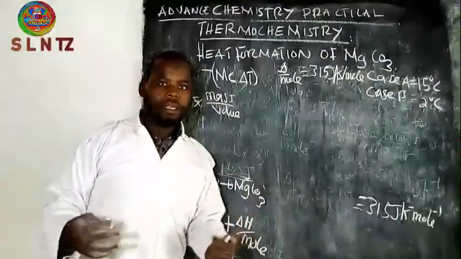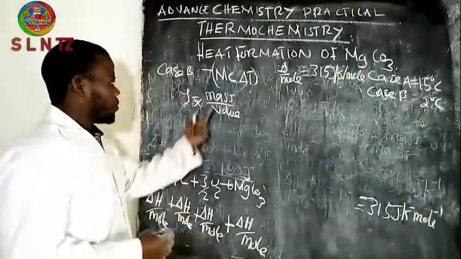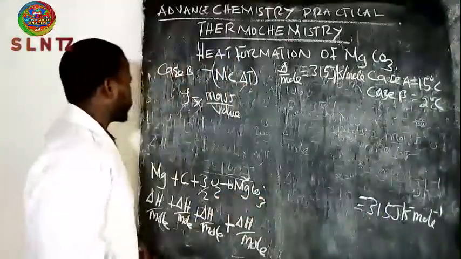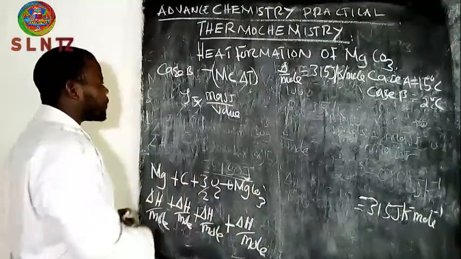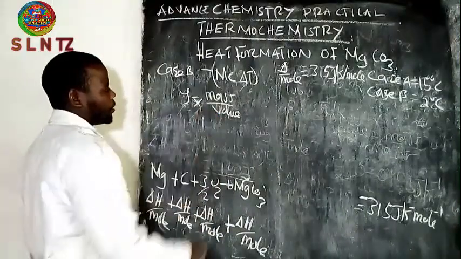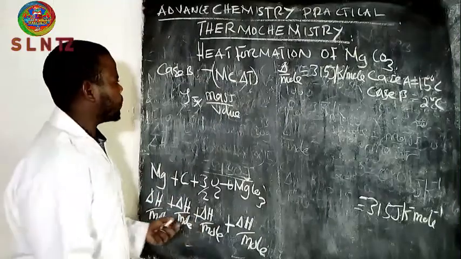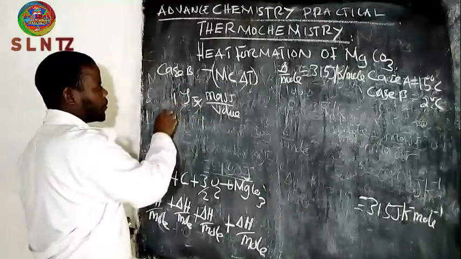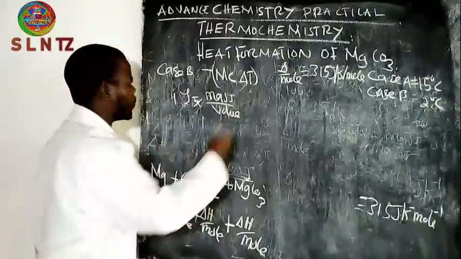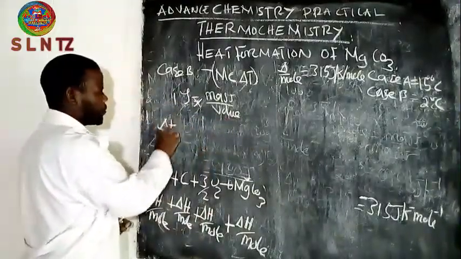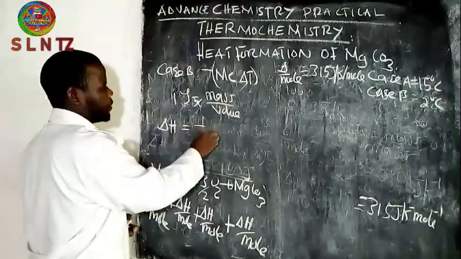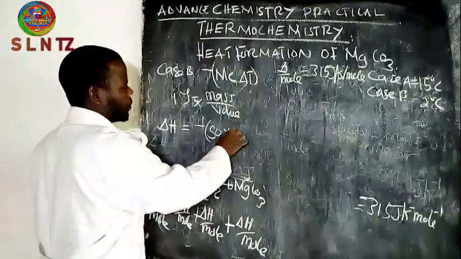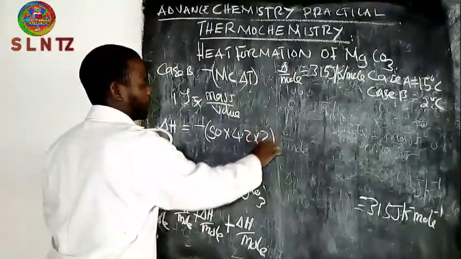So in case B, we also use the same formula, but our temperature change is this one. Then you calculate as in the first case. The volume is the same, 50, and with density 1 the mass will be 50 grams. So directly we use negative 50 times 4.2 times 2.